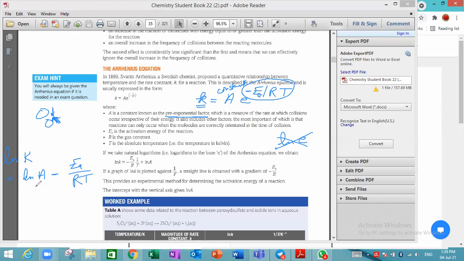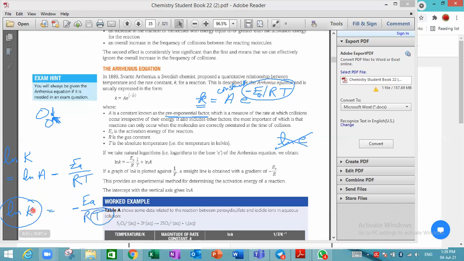So ln k equals ln A minus Ea over RT. So we draw the relation between ln k, which is ln of the rate constant, against 1 over T.